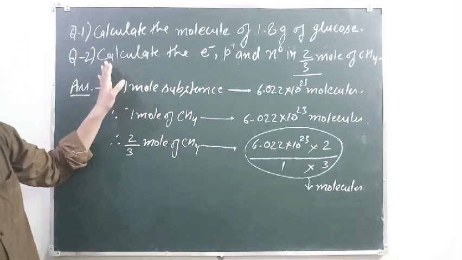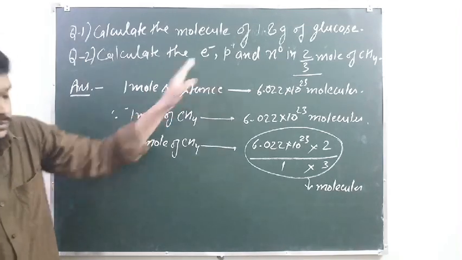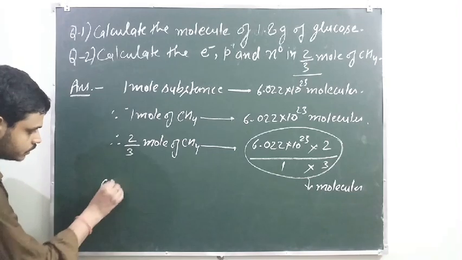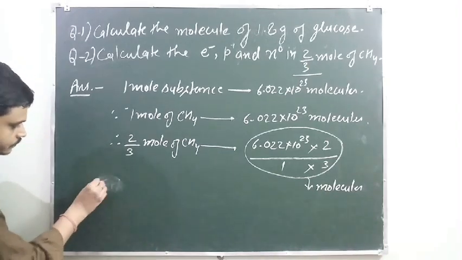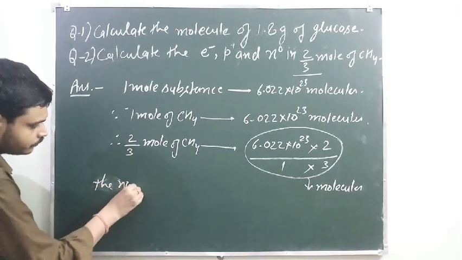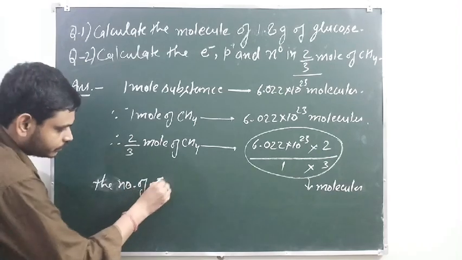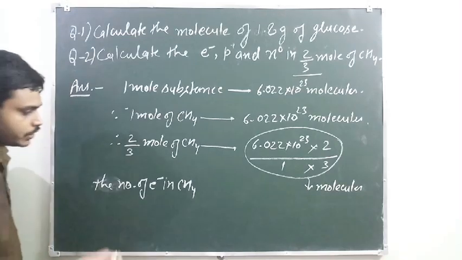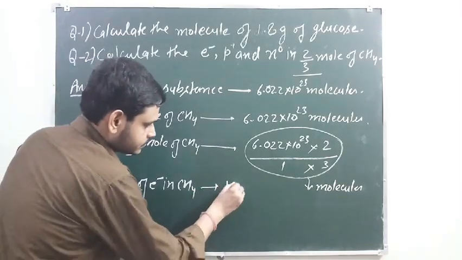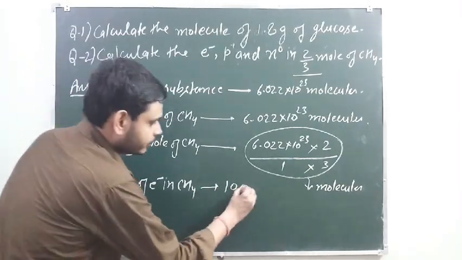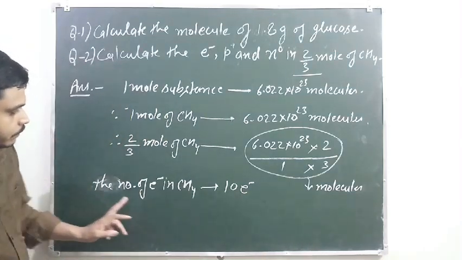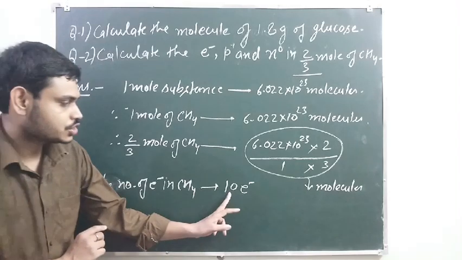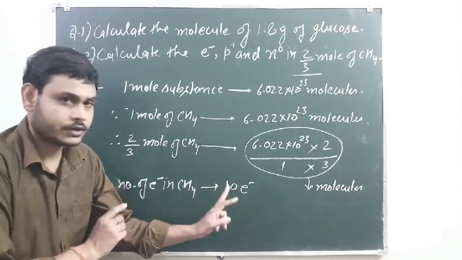First we are calculating the number of electrons. The number of electrons in one molecule of CH4 is equal to 10 electrons. Clear?